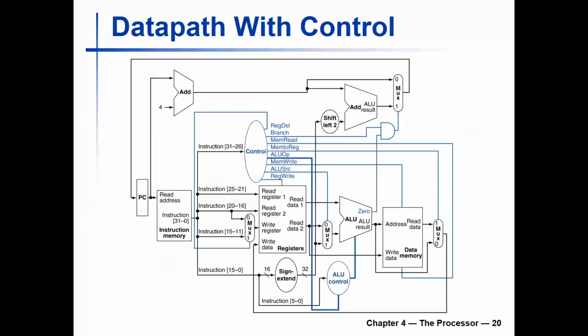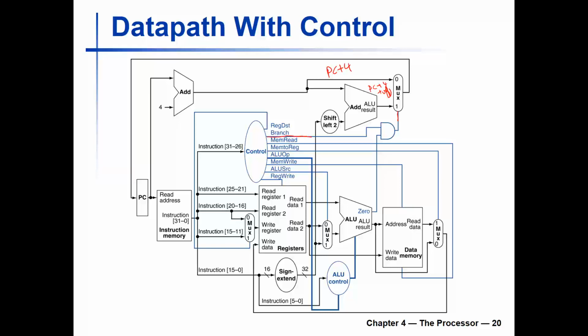Now, this is my data path with the complete control signals. Notice what we have here. First of all, this is the control signal which activates selection of either PC plus 4 to update the PC, or the PC plus 4 plus offset. And that comes from where?